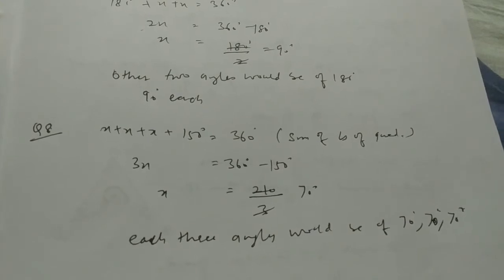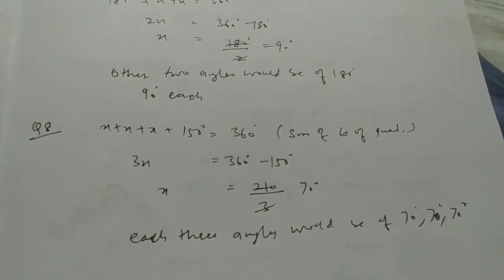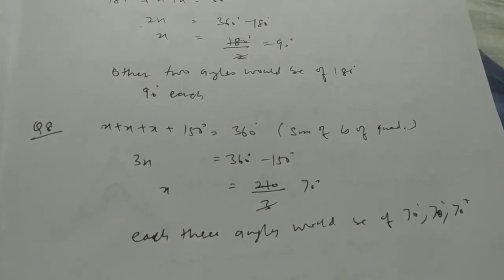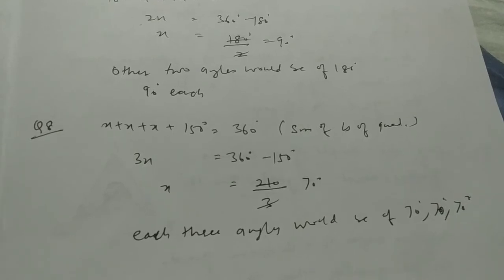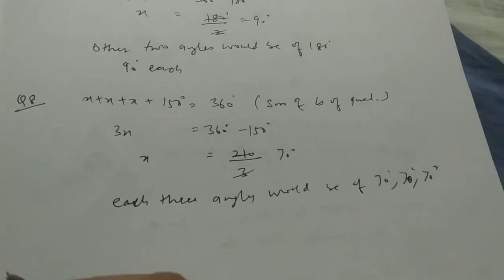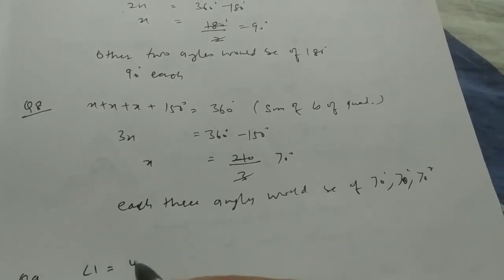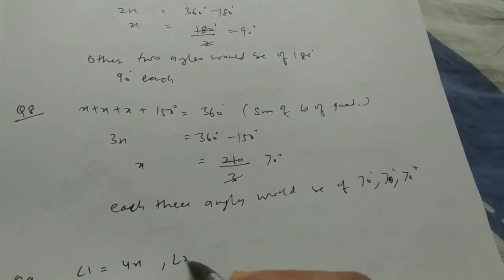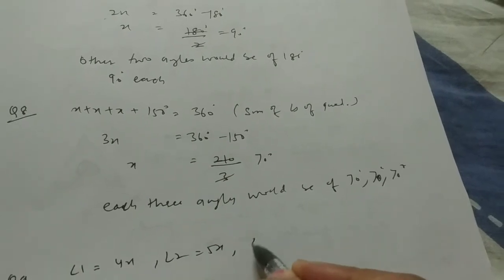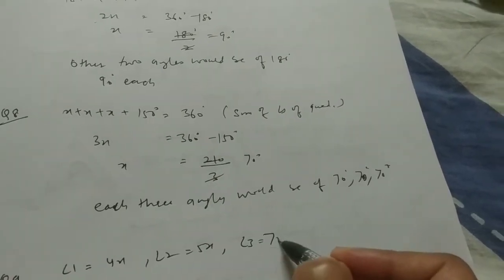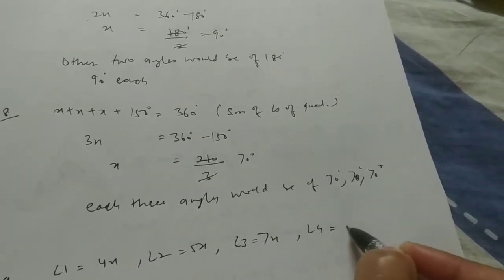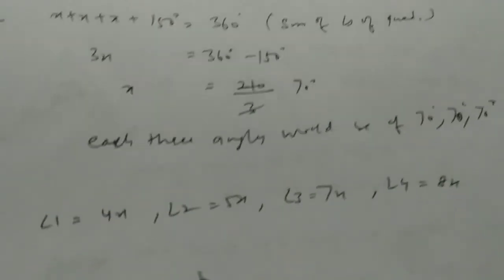Now come to question number 9, which says four angles of a quadrilateral are in the ratio 4:5:7:8. Find their measures. So we will assume angle 1 as 4x, angle 2 as 5x, angle 3 as 7x and angle 4 as 8x.